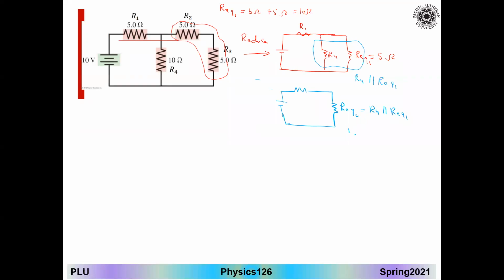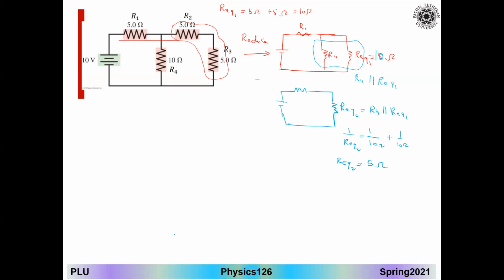So I have 1 over R equivalent 2 equal 1 over 10. Oh, sorry, R equivalent 1 here is the 10 ohms. I typed it incorrectly. Ohms plus 1 over 10 ohms. So I end up with R equivalent 2 equal to 5 ohms.